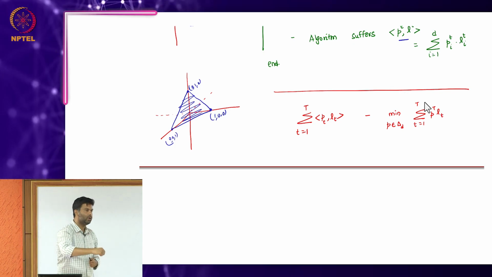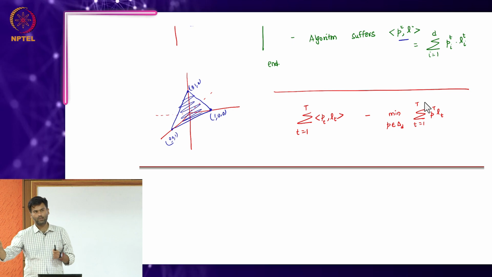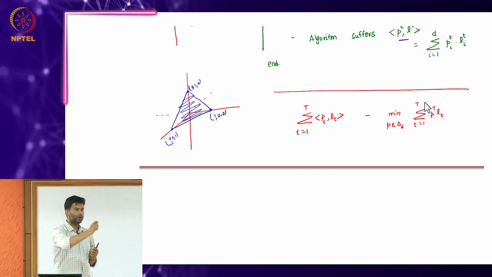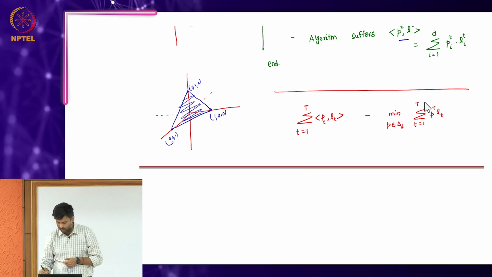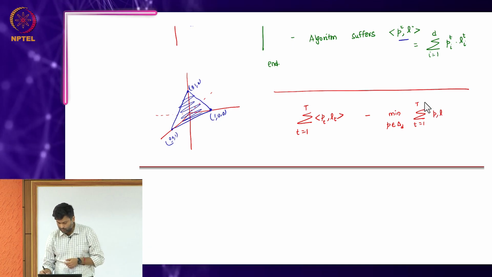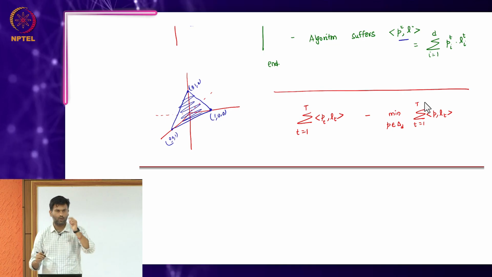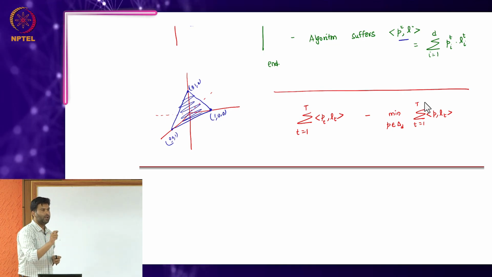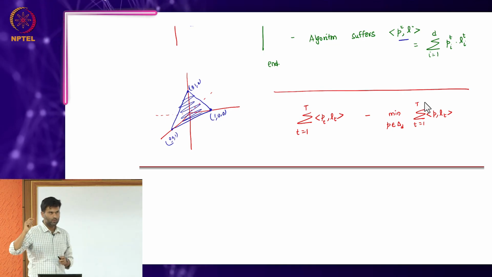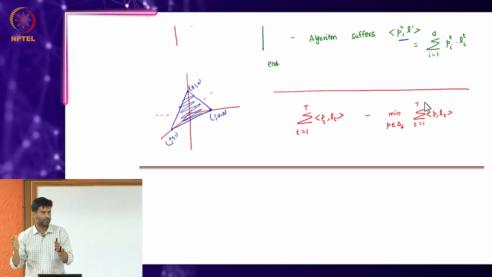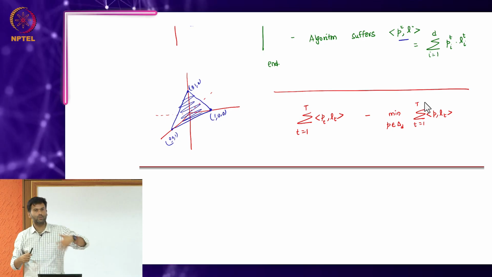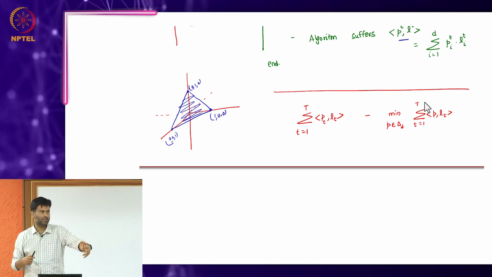If I had picked a single P and stuck to it for all T rounds, then every round I would have suffered P transpose L1. Okay, the notation, let me be careful: P comma Lt is the same thing, sometimes it is called transpose also. P transpose L1, P transpose L2, dot product of P with L3 and so on, and then I would have suffered the sum of this. But my algorithm chooses P1, P2, P3 in different ways at every round.